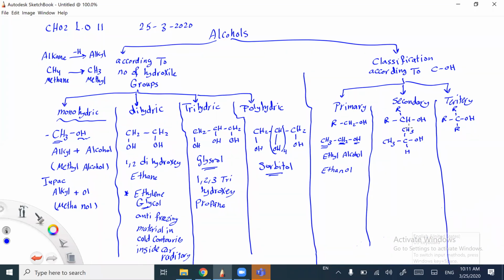When we find the carbon atoms in the chain taking the shape of the letter L, we say it's secondary or iso. So firstly, in the common system, we add iso or secondary: isopropyl alcohol according to the common system.